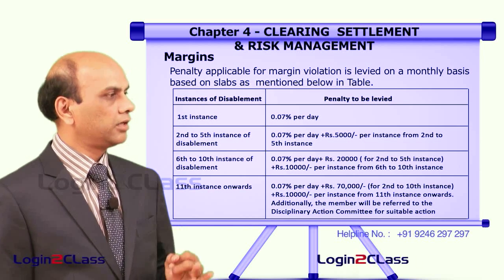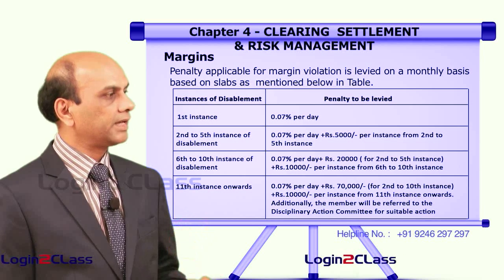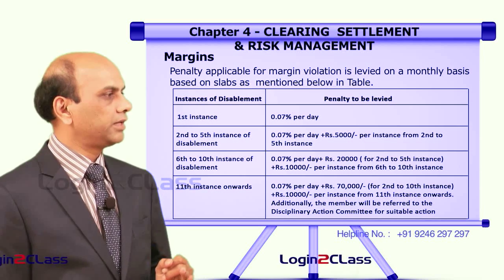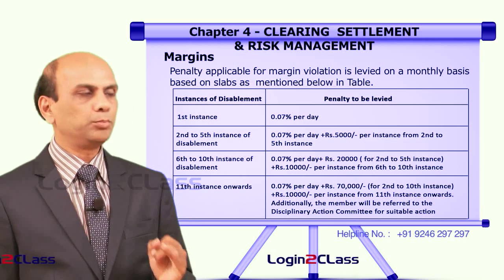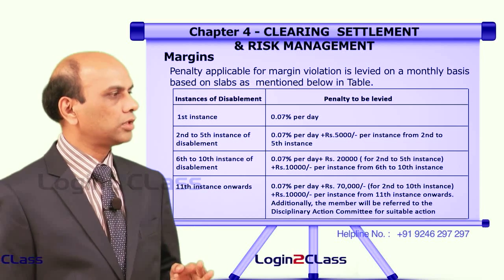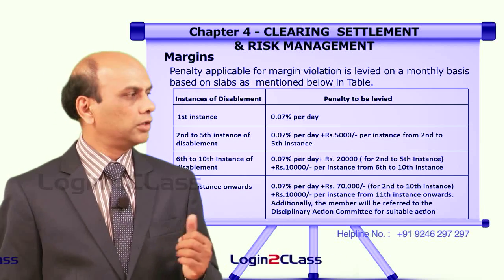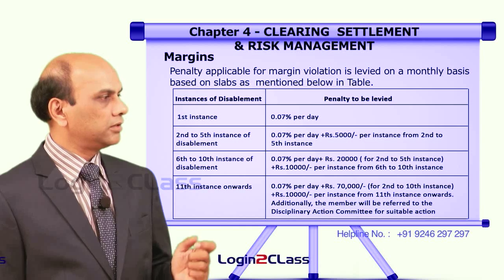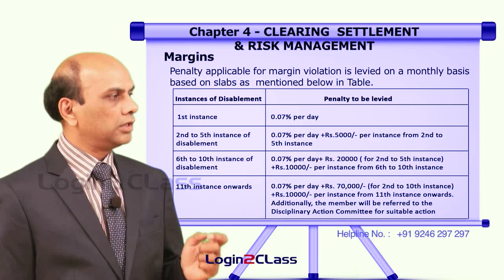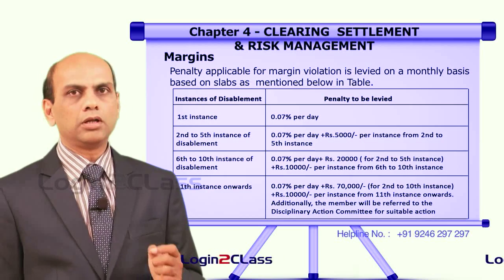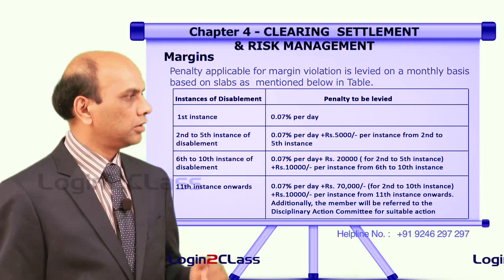In addition to that, 70,000 for second to 10th instance, that is from second day to 10th day, 70,000 in lump sum will be charged, and 10,000 per day from 11th instance onwards it will be charged. Additionally, the member will be referred to the disciplinary action committee for suitable action.